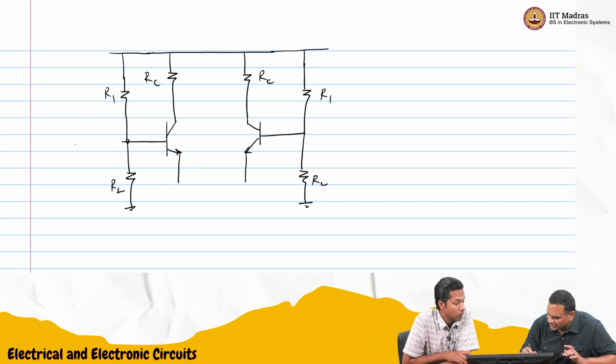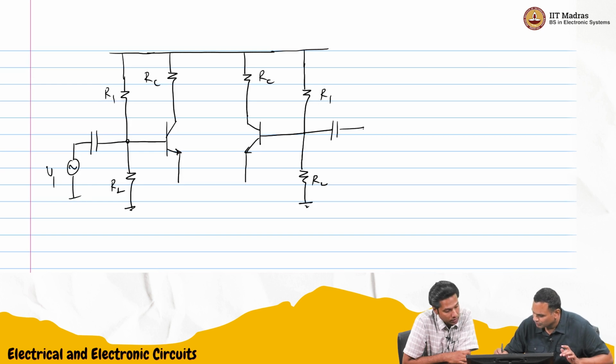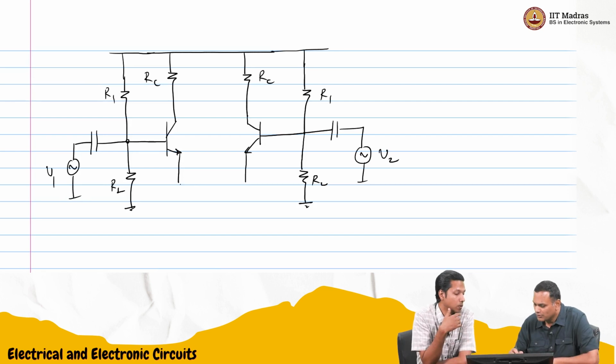And here we will give the two inputs, V1 and V2. Okay, what do we do with this?